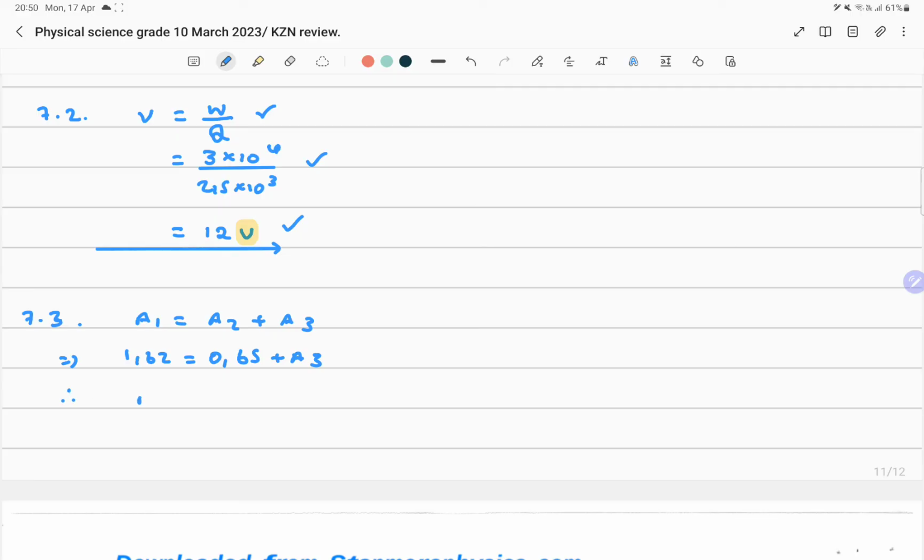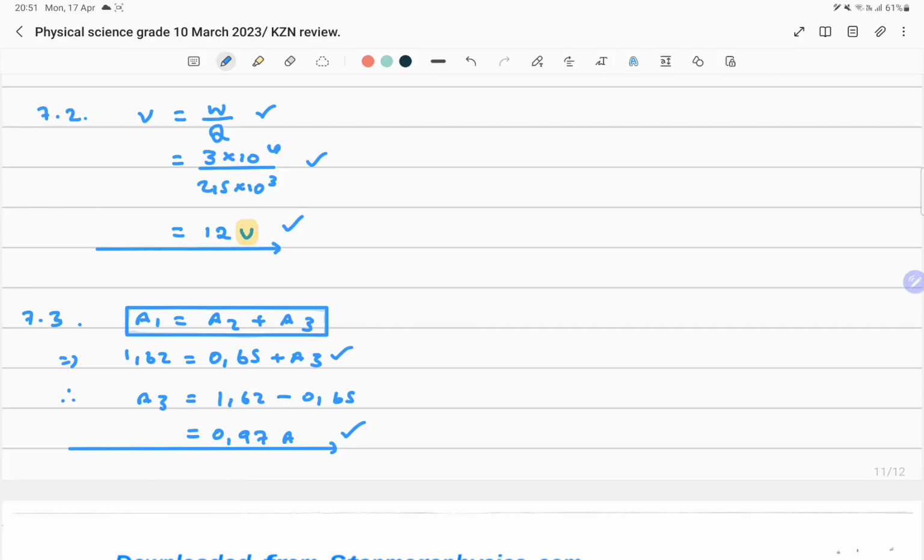And then we know that our A3 is going to be basically 1,62 minus 0,65, which is basically 0,97 amperes. So it's a very simple calculation. But here you're only getting this mark for substitution and the answer, because this is not necessarily a recognizable formula. You just made it up for yourself. But if the marks were more, probably you would get an extra mark.